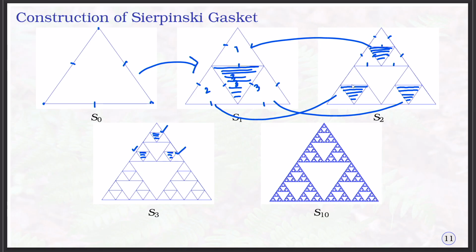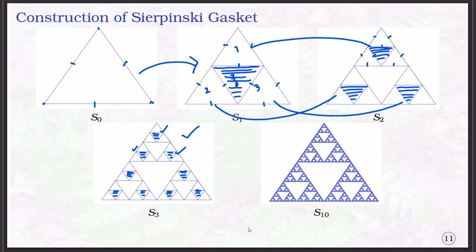In the same way, you can do it. Here we are removing the interior, here we removed the interior, and here we are removing this interior and this interior and this interior. So, after the third step, we will get this type of triangles.